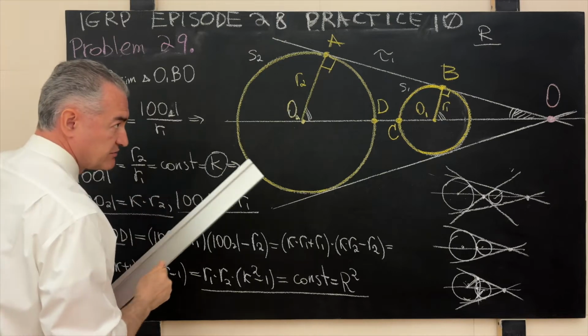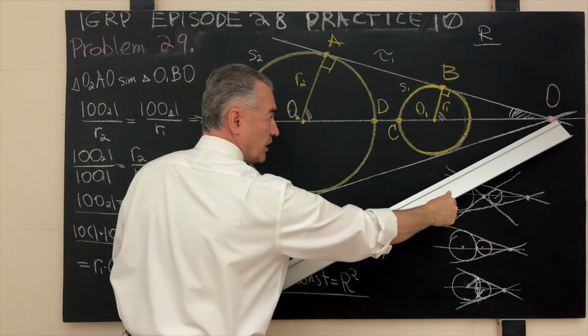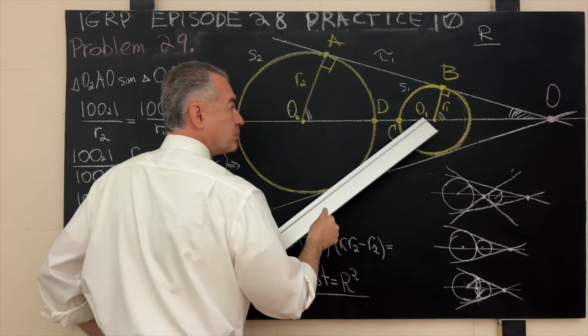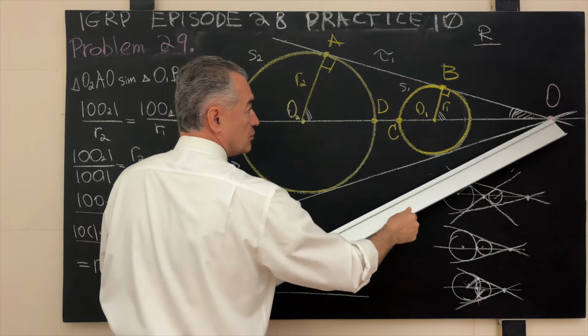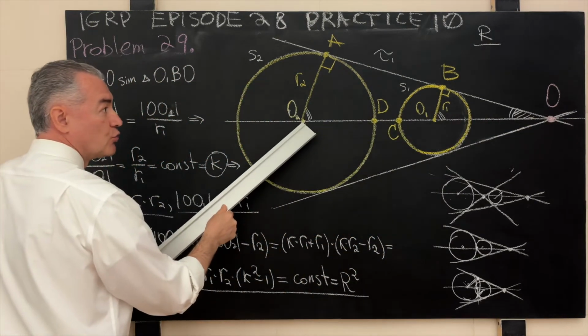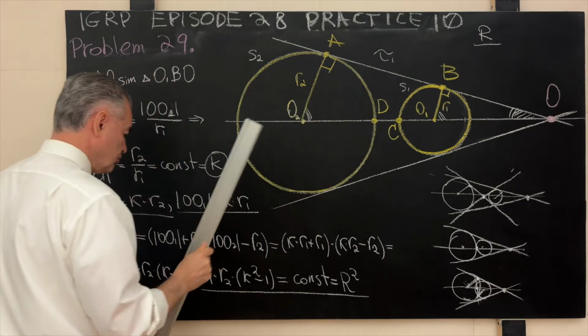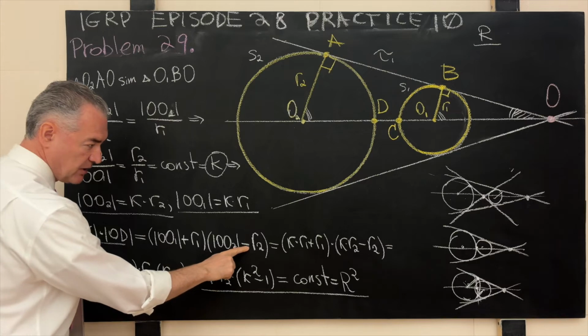It's another baby observation. The distance from the point O to the point C is composite. It's our hypotenuse OO1 plus R1, and the distance from the point O to the point D is the same hypotenuse OO2 minus R2. So we have a plus in the first case, and we have a minus.